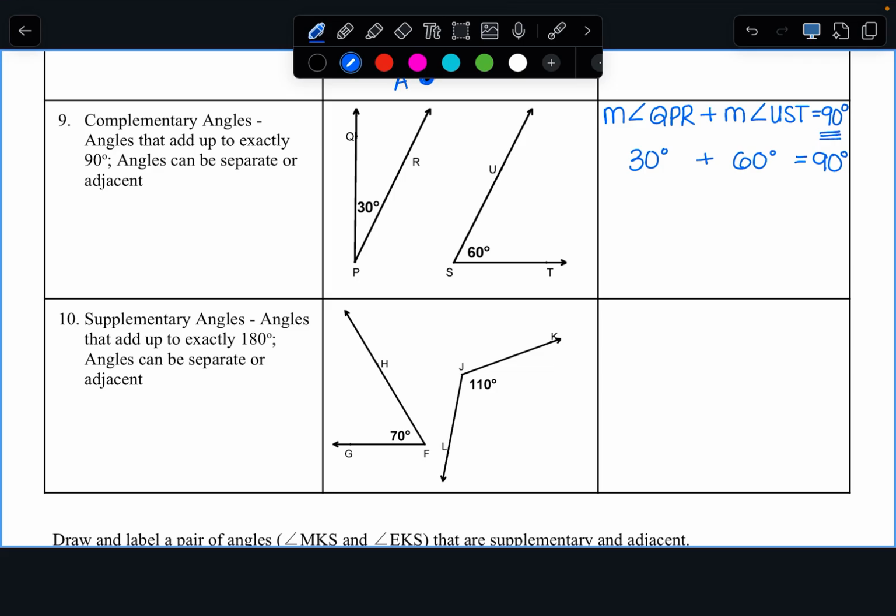Now, supplementary angles add up to 180 degrees. So complementary add up to 90. Supplementary add up to 180.